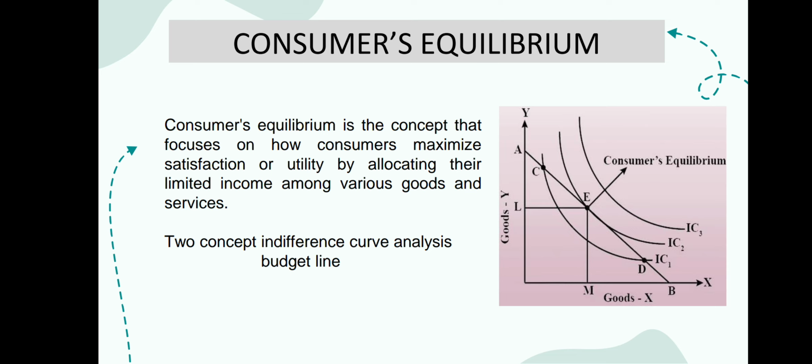So, what is actually consumer's equilibrium? It's the concept that focuses on how consumers maximize satisfaction or utility by allocating their limited income among various goods and services. Before understanding this big topic, we have to understand two important topics: indifference curve and budget line.